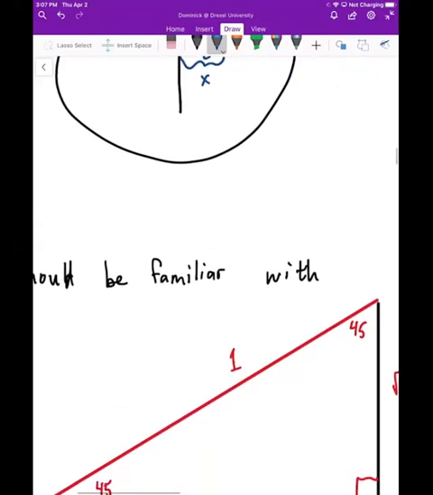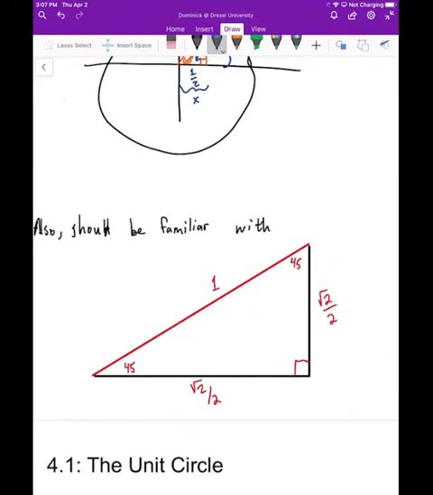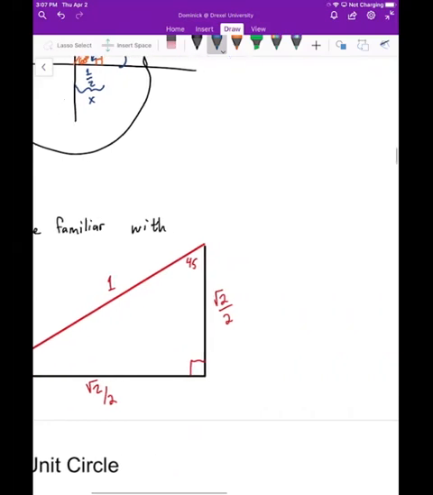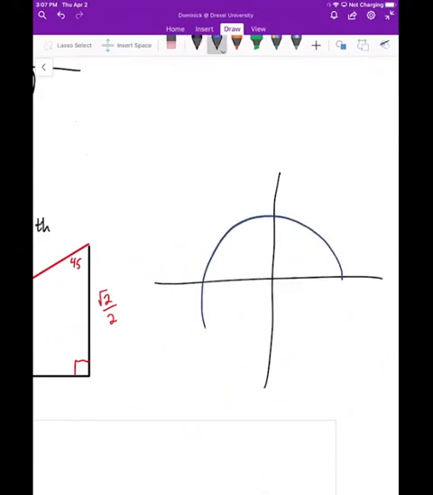Now, the other triangle that you should be familiar with that the book leaves out here is the 45, 45, 90 triangle. If you want to find the points corresponding to a 45-degree angle, you'd have something like this.